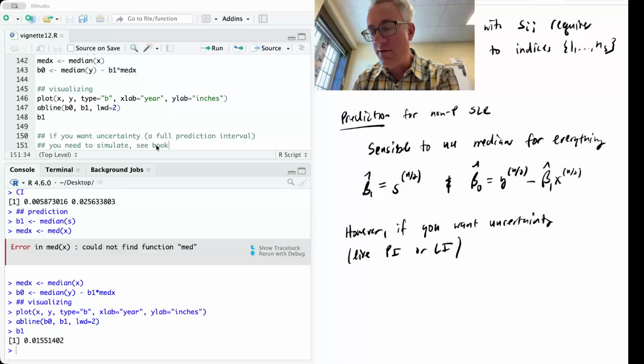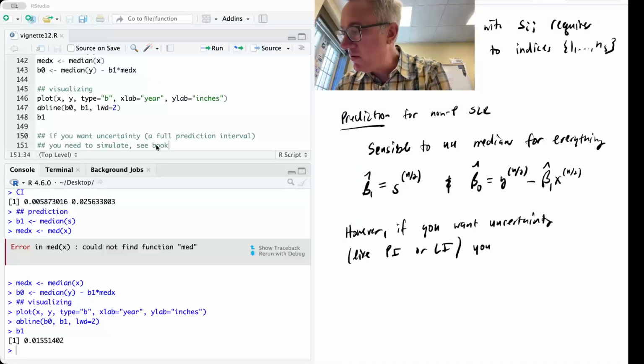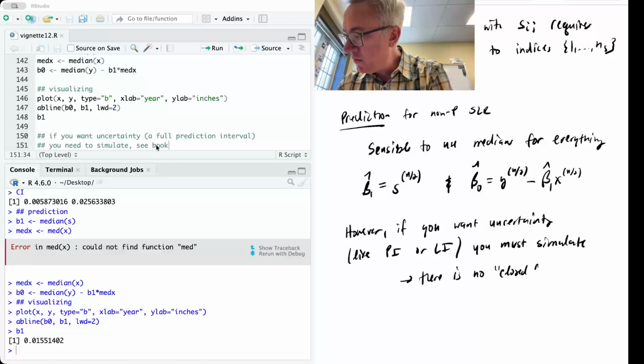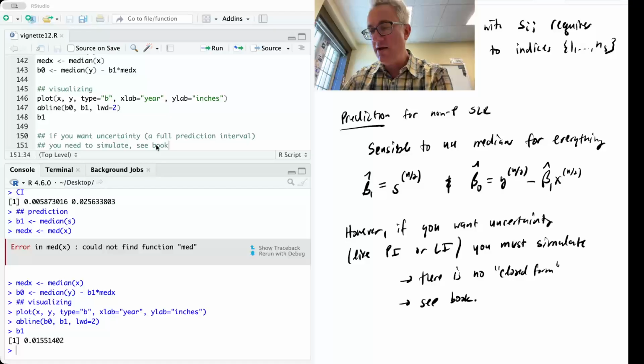You can get that with nonparametric regression, but you must simulate. And there's no closed form or math way. So see the book for that. So that's nonparametric simple linear regression.